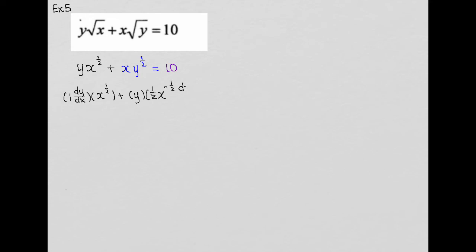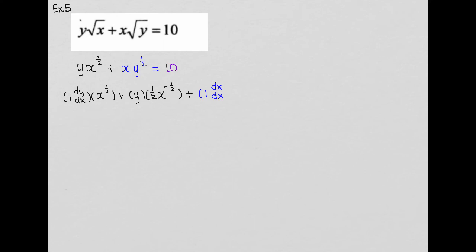Now you're supposed to write dx over dx, but once again, because that's a 1, you don't need to write it, so I'm going to erase it. Plus, now, the second term, this is also a product rule. Now, this becomes our u, that becomes our v. So, u prime, which is 1, because this is the x term.